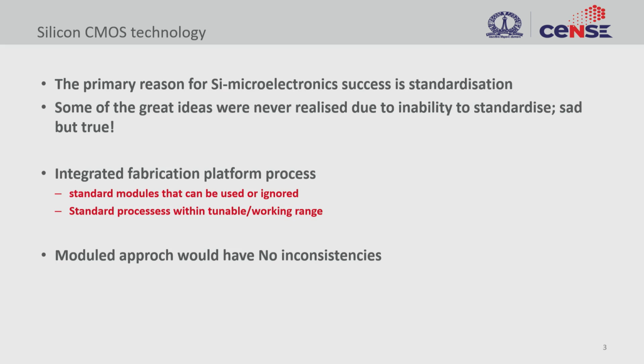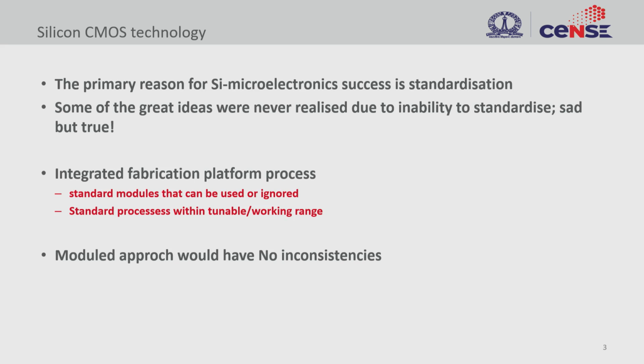In some cases you might have a really good idea, but if we cannot standardize the process, then you won't be able to realize whatever great ideas that we have. So it is rather sad that we cannot realize some of these great ideas. That is the nature of the life cycle when you look at large volume fabrication.